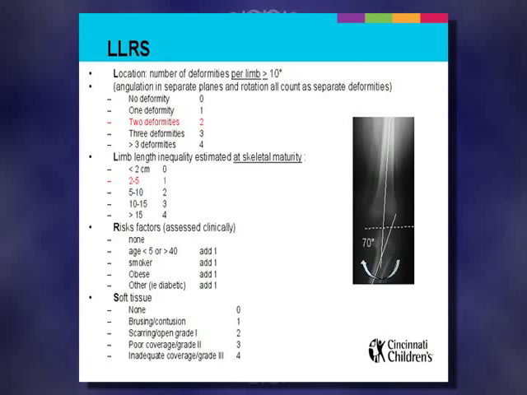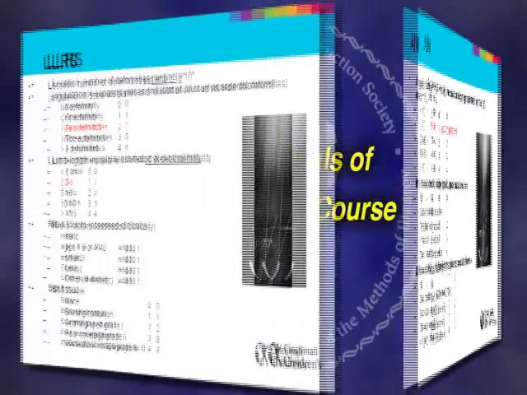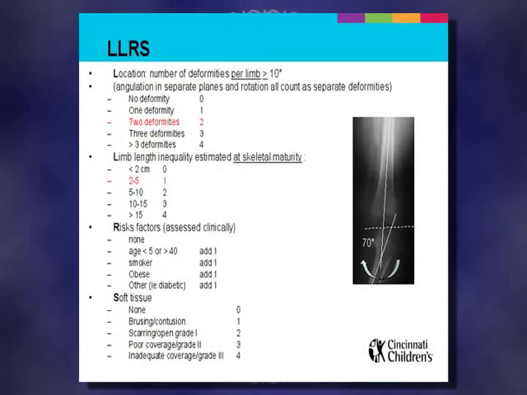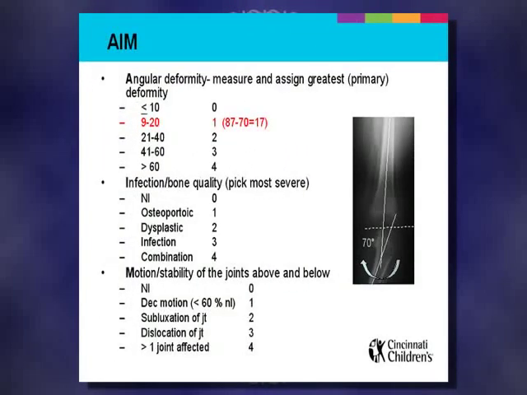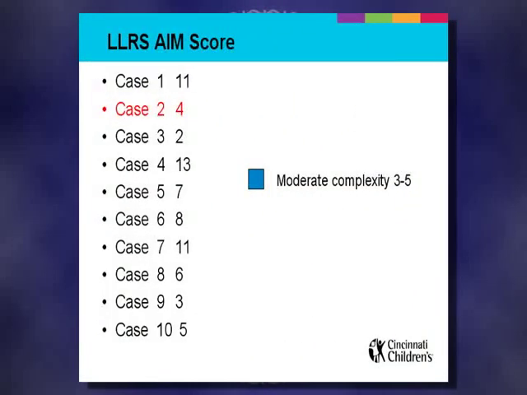There's your angular deformity, and there's rotation. The angular deformity is 20 degrees, because this should be 89 degrees, so that's 20 degrees. So that gives you a 1, and then your final score is 4.